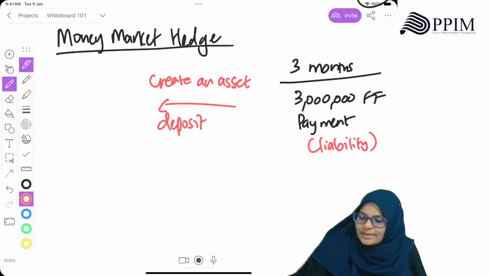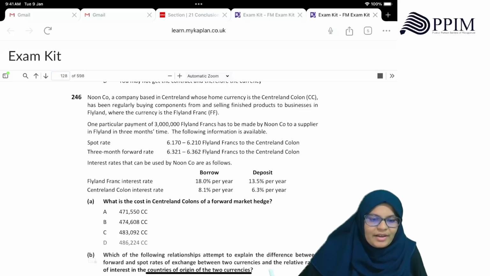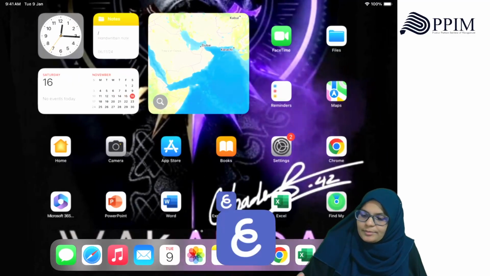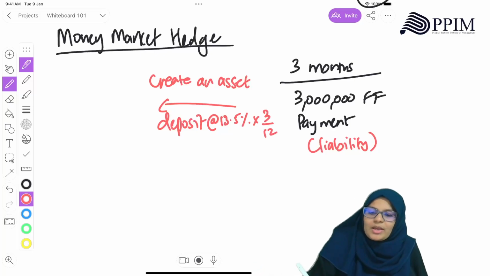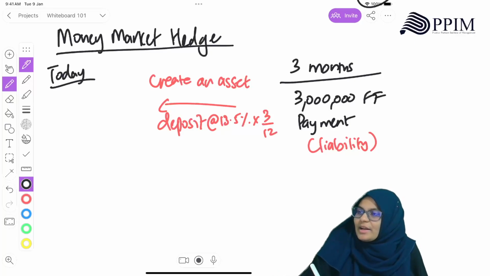Now go to the question and see the deposit rate for Flyland francs. It's 13.5%. Right? They've given it there, 13.5%. But that's the annual rate. We only need it for 3 months. So I'll multiply it by 3 over 12. Okay. So today what's going to happen? I'm going to deposit the present value of 3 million.